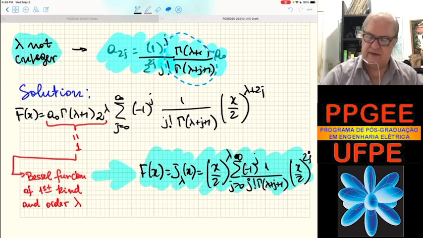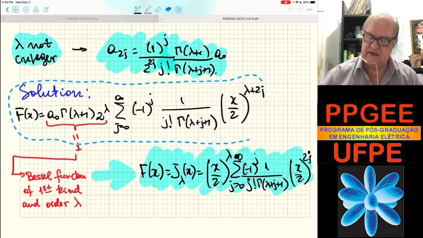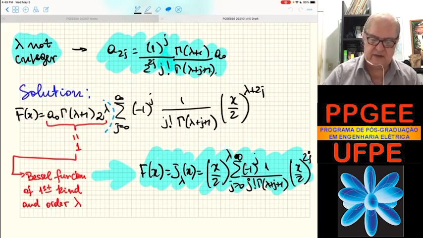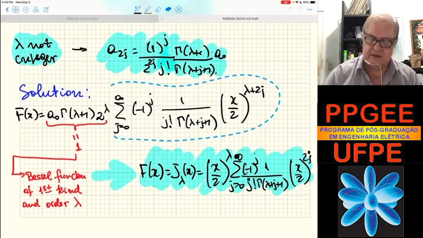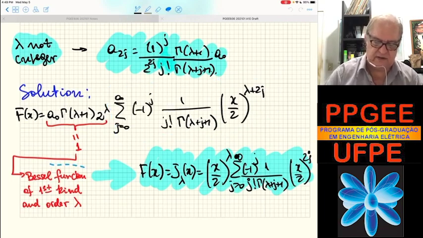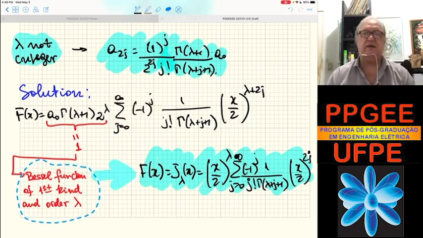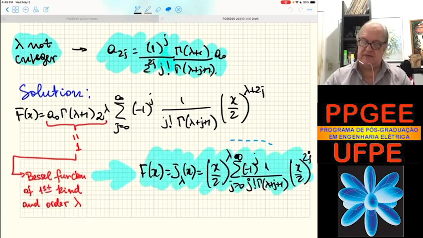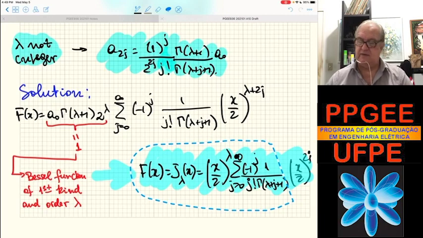Then we can factor out part of the coefficients, and we're going to have this form here, and this factor here is going to be set to 1, and the power series that results is going to be the Bessel function of first kind, of order lambda, which is a real number. So that's the general power series expansion of this function. It's just a power expansion of x.